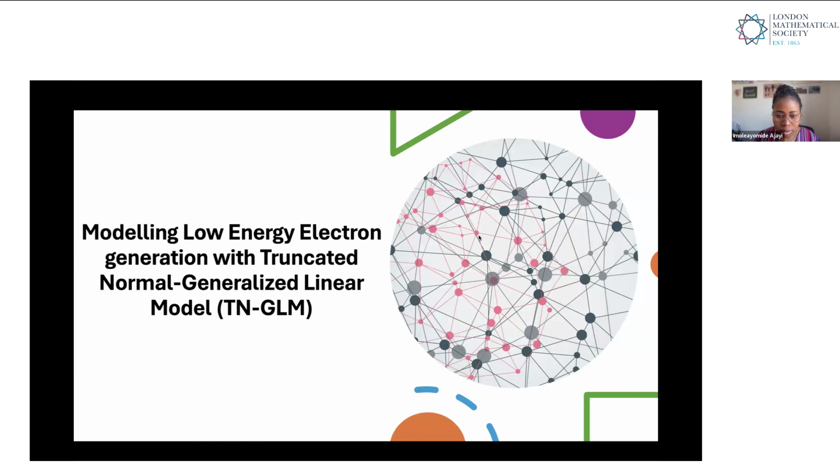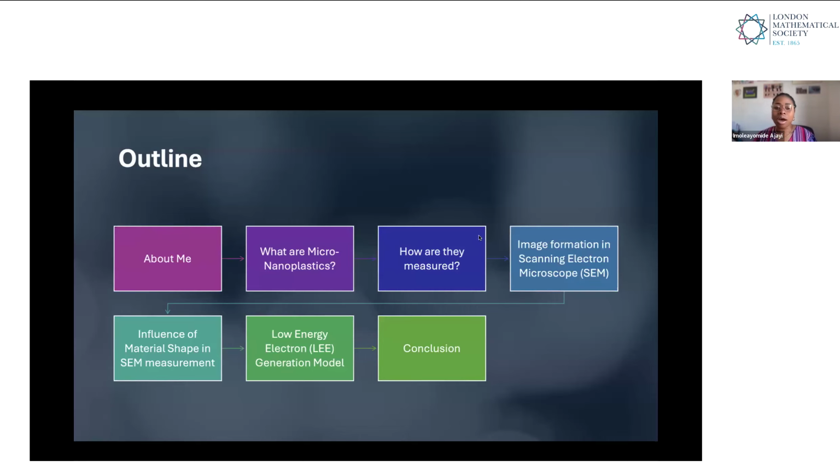Okay. So outline. This is just a little bit of what I'll be talking about today. I'm going to be saying a lot about me and a little bit about micro to nanoplastics, how they're measured, image formation in scanning electron microscope, which is SEM, and the influence of material shape in SEM measurement. I'll also be talking about the TN-GLM model I've mentioned, and then we'll go to conclusion.